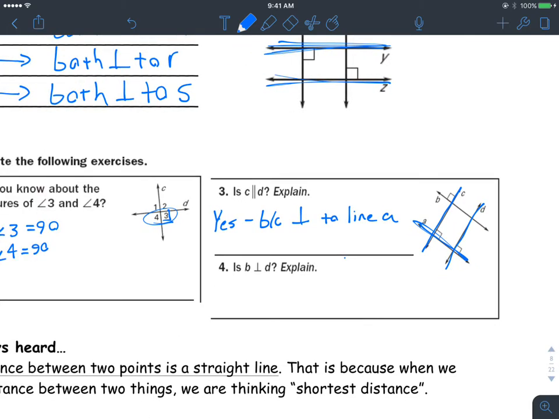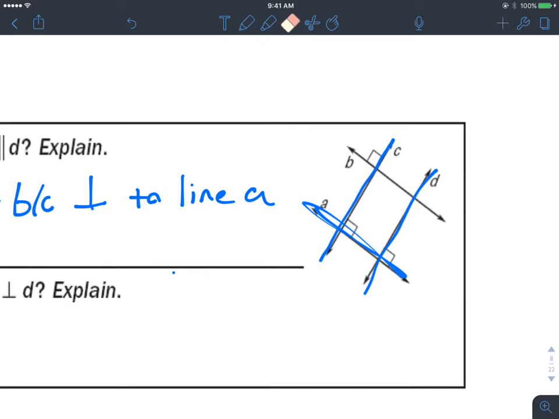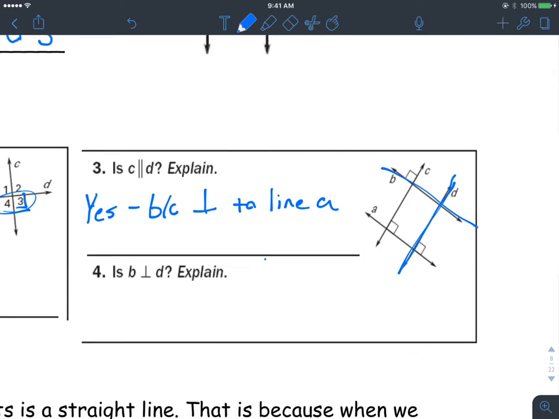Okay, what about B and D? Are those going to be perpendicular? Here's line B, and here's line D. Based off of what I see, I don't see initially something that marks those perpendicular. So I would say not initially.